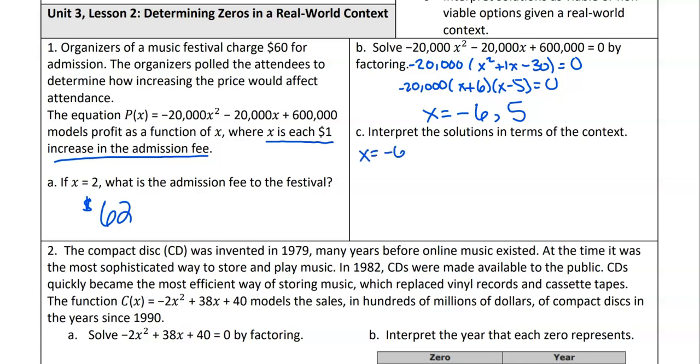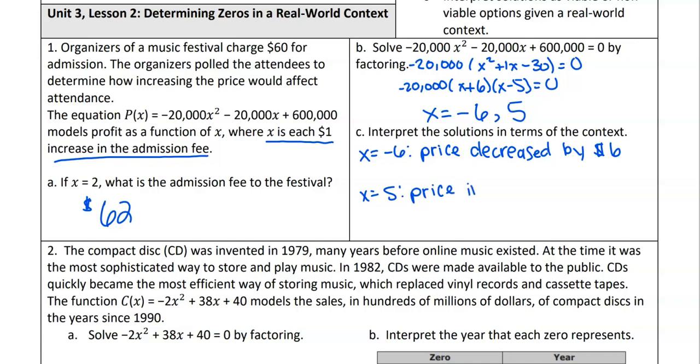If X equals negative 6, the price decreased by $6, right? But when X equals positive 5, what is that representing?